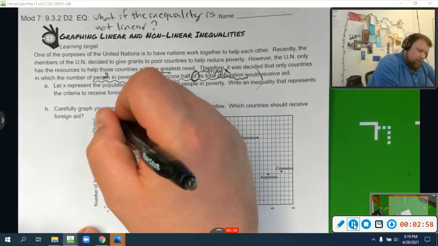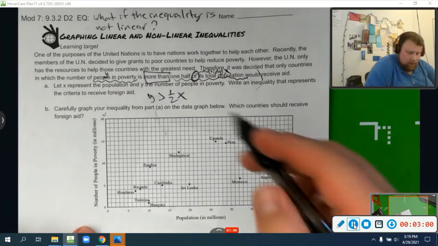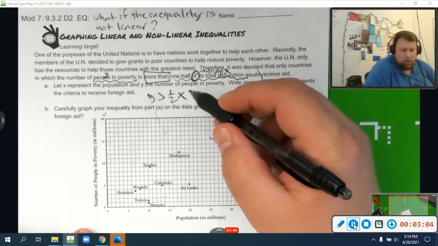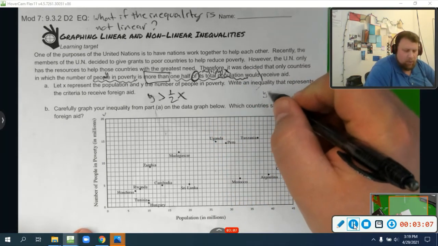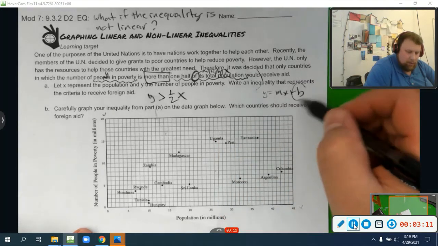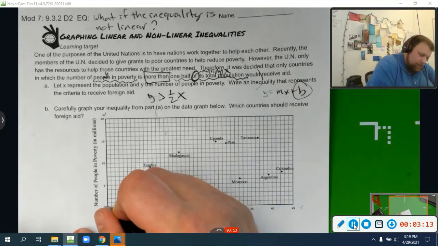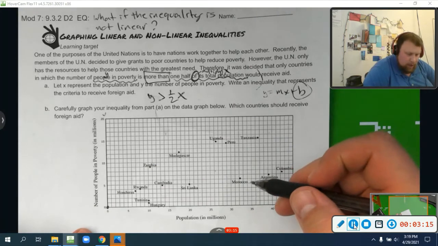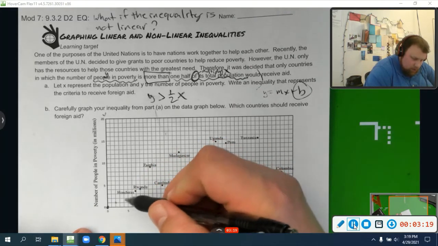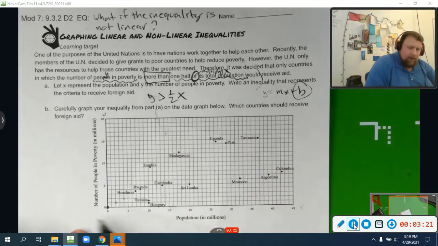So we got our Y right here and our X. And if it's Y equals 1/2 X, or greater than 1/2 X, think of it in terms of Y equals MX plus B. There's no B value, which means it's 0. So we're going to start off at 0, 0. And then 1/2 X means up 1 over 2. So I can go up 1 over 2, up 1 over 2. Now, when you have a big graph like this, guys, sometimes put that into practice.